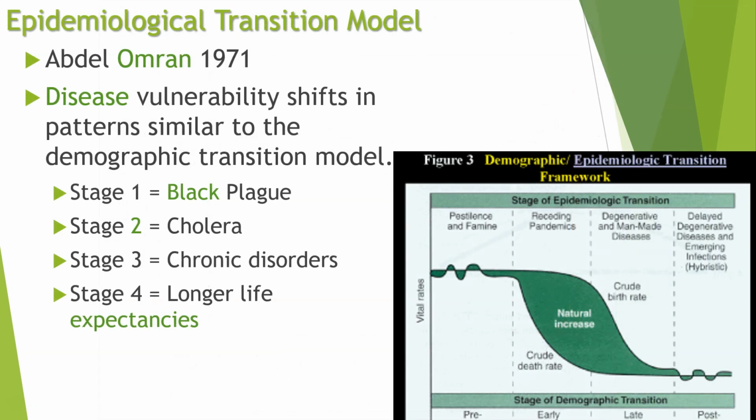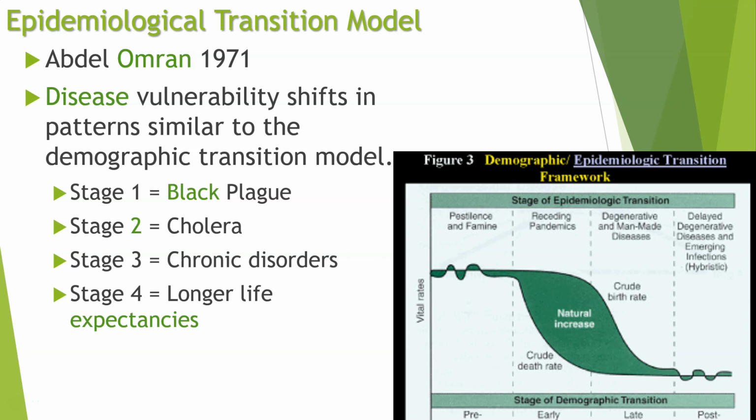Related to the demographic transition model, we've got the epidemiological transition model from the early 70s. And basically this tracks vulnerability to disease in patterns that are similar to the demographic transition model. So in stage 1, going to be more susceptible to famines, pestilence, diseases like the Black Plague that's going to impact a large, significant portion of the population.